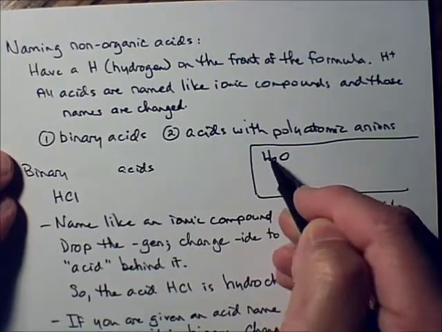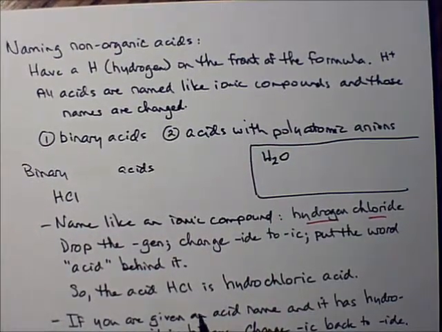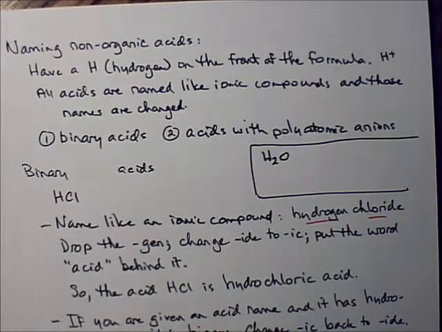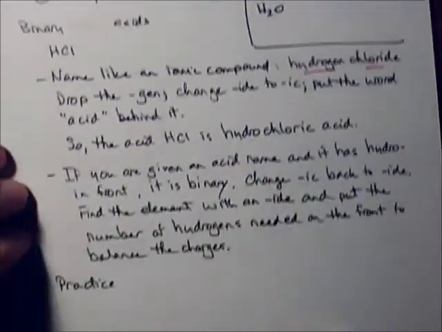So while water does have hydrogen in the front, at this point in time we generally say this is kind of an exception. The reality is that water is an acid sometimes. Okay? It's also a base sometimes. But let's save all that for the unit on acids and bases, okay? We'll get to the Bronsted-Lowry theory of acids and bases and figure all that out, okay?